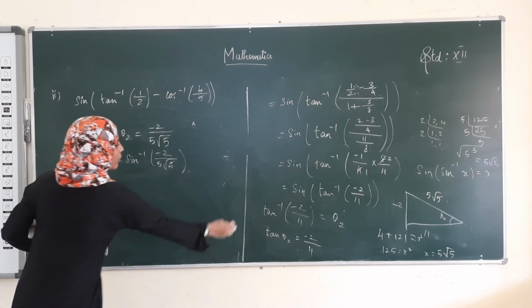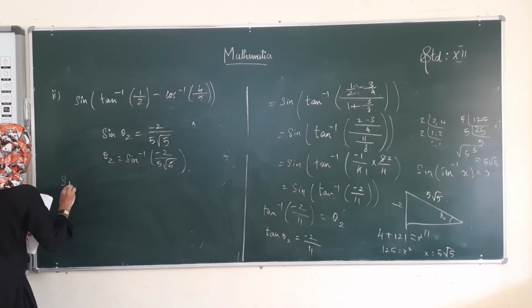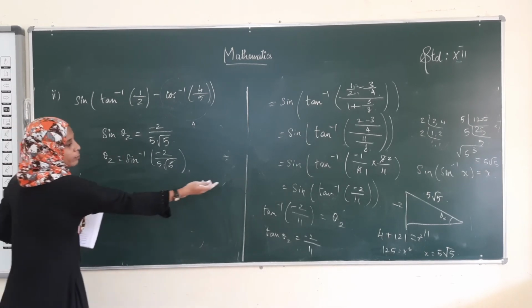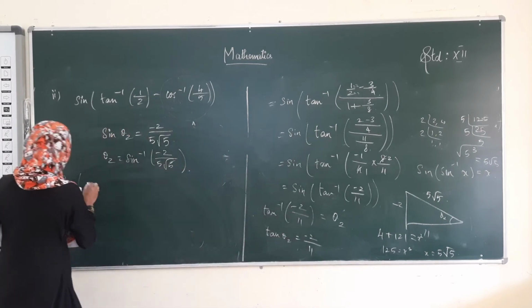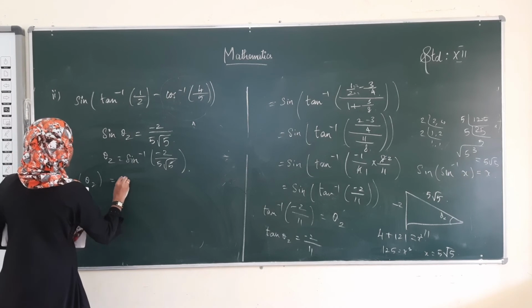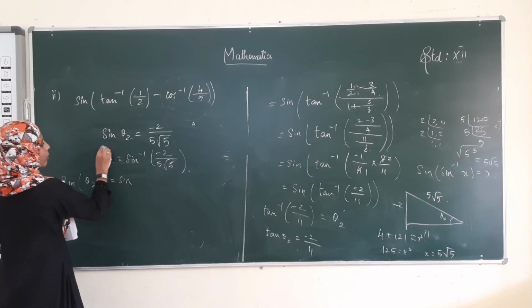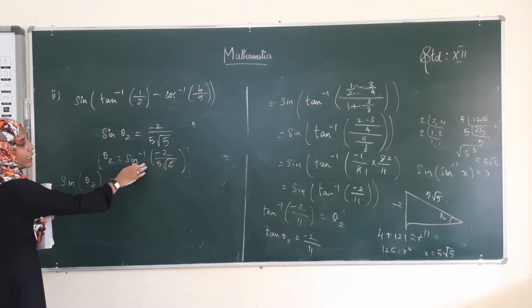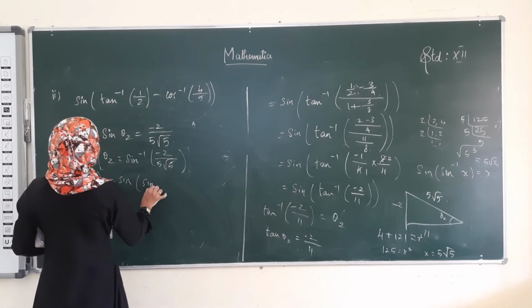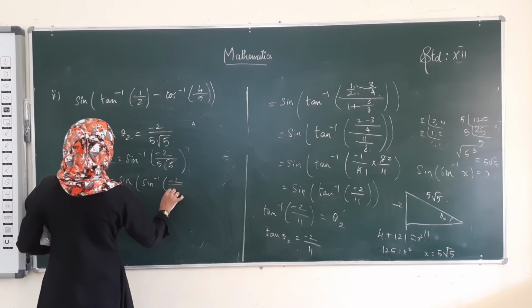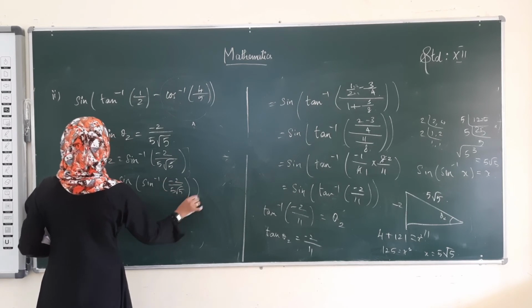Okay. So, we are going to substitute here. See here, sine of, instead of tan inverse of minus 2 divided by 11, we took theta 2. Sine of theta 2 is equal to sine of, instead of theta 2, we found the value as sine inverse of minus 2 divided by 5 into root 5.